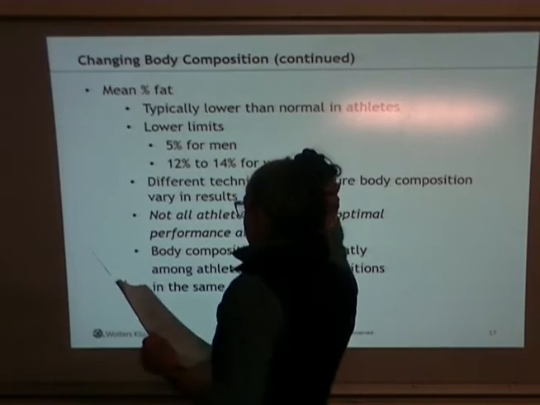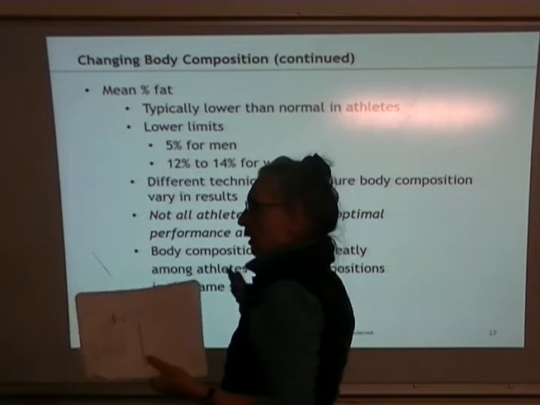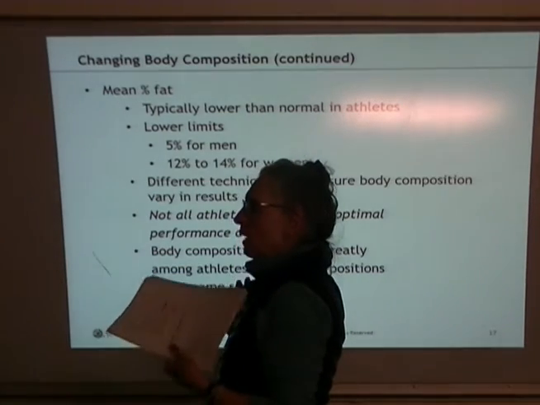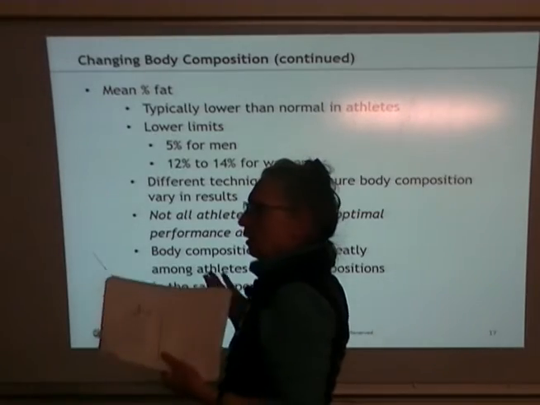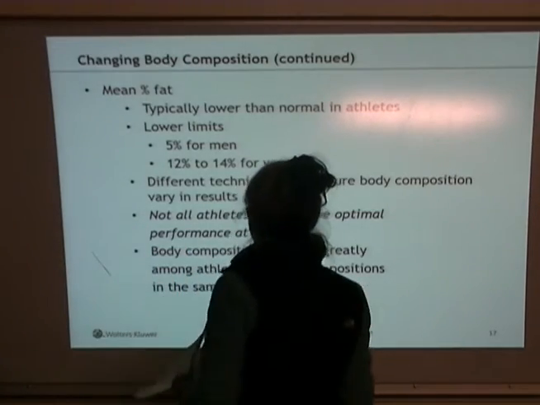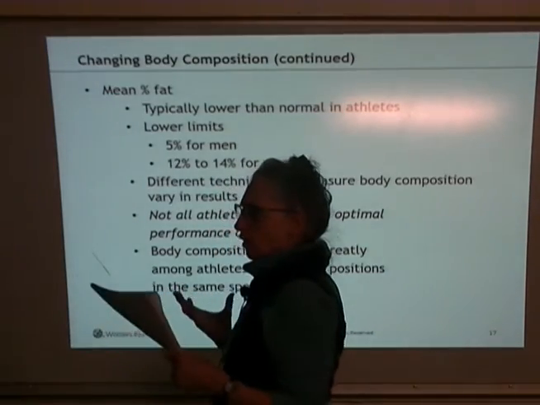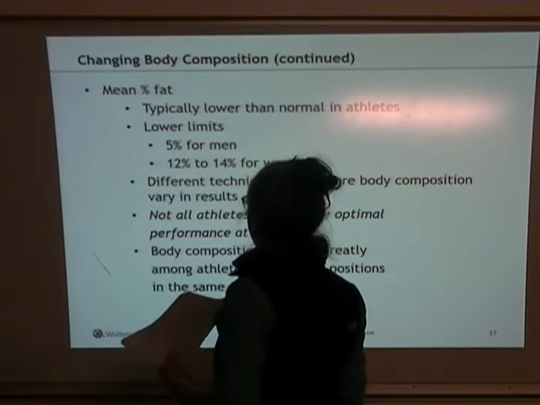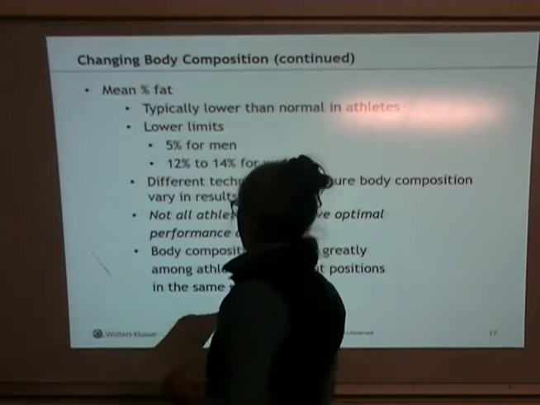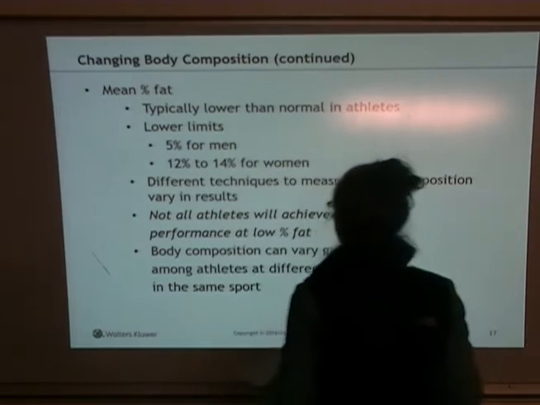For health, men typically should be about 15. So your male athletes could be anywhere from 12 to 5. And for women, it's 25% on average. So your athletes will be probably 22, 23 down to 13 or 14. Okay?